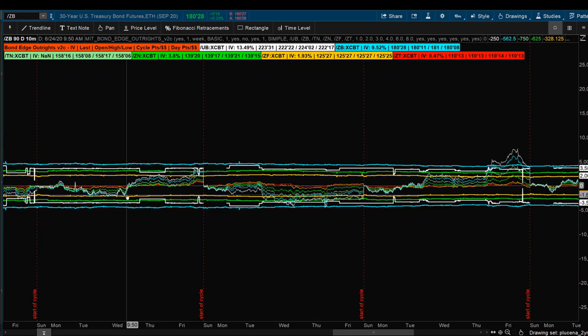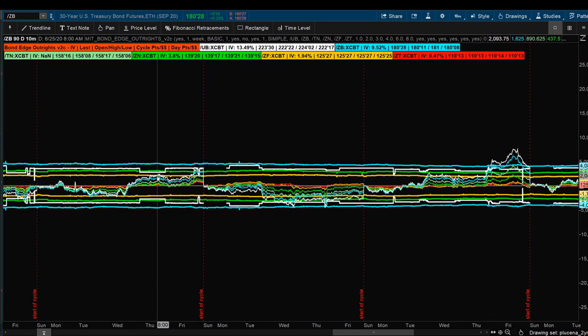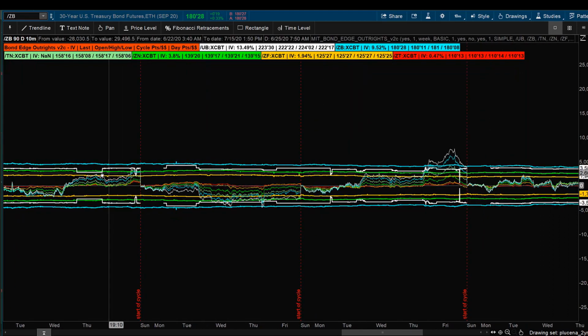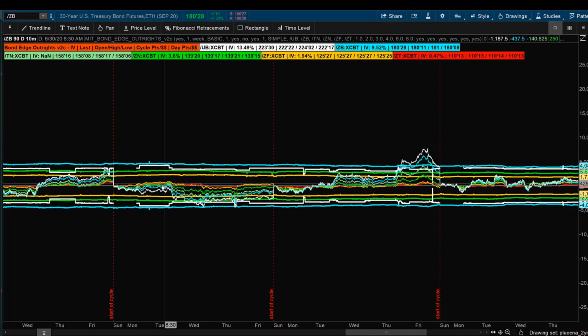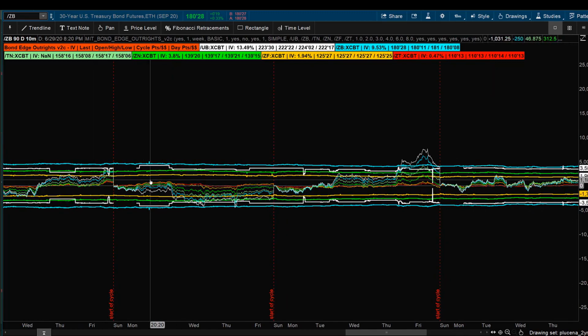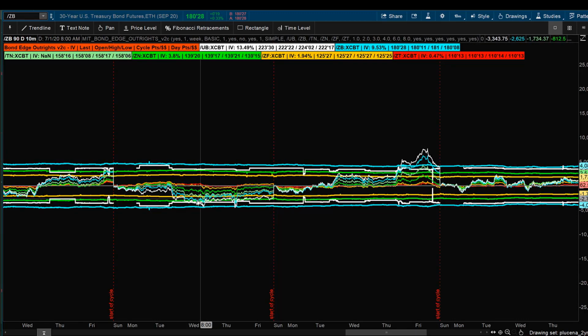So if it went from minus 2,000 to plus 2,000, that's a $4,000 move on a one lot in UB. So it may look small, but remember, these things move. Here's another stretch. The red and the yellow up here. The white and the blue all the way down here.